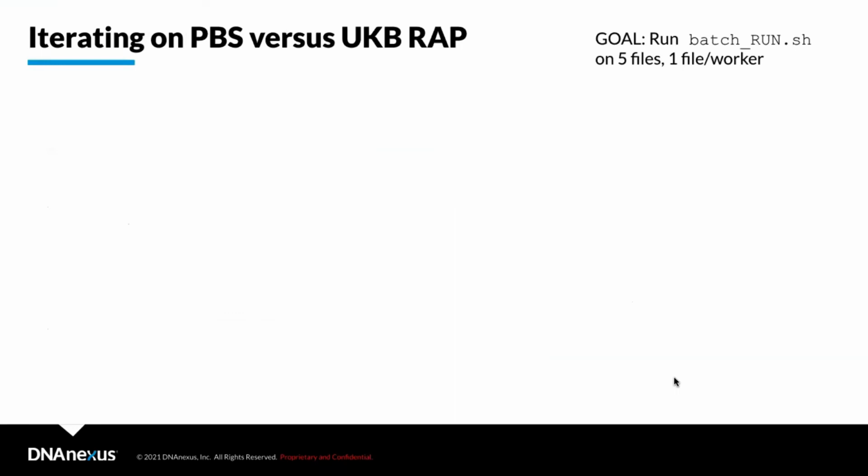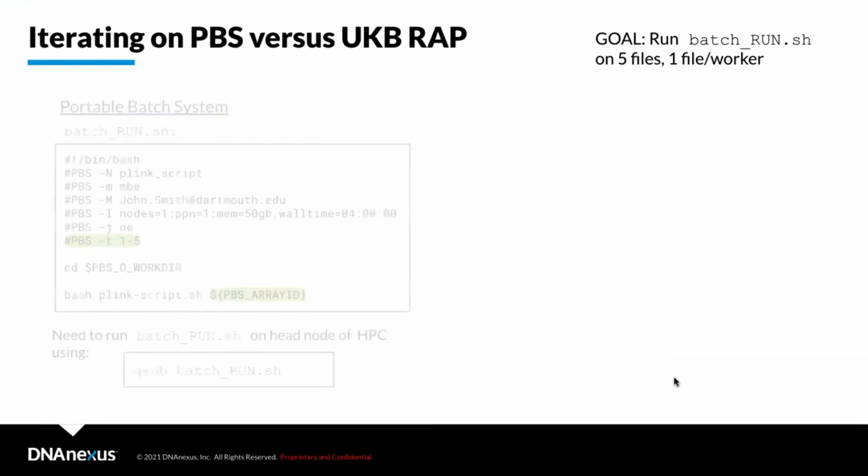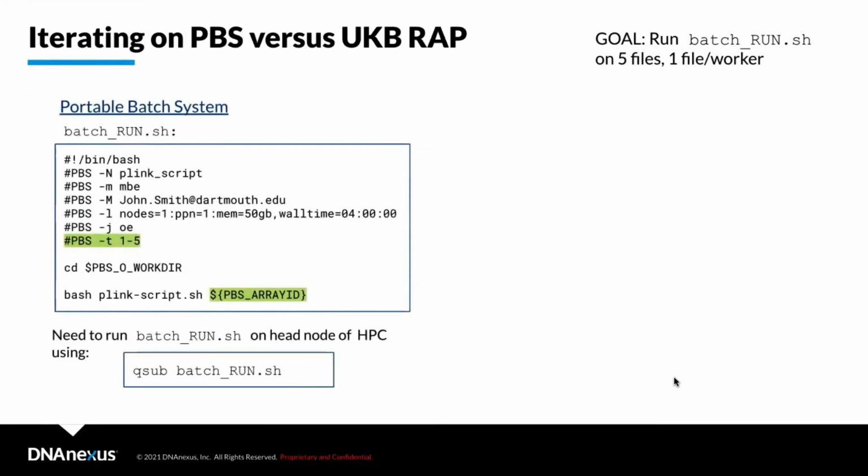So let's actually compare the different kinds of code. What I want you to focus on here is that with PBS, you have this job array that you're specifying. In this example, we're only processing the first 5 chromosomes. There's a placeholder variable for that array ID that you use to process the file.